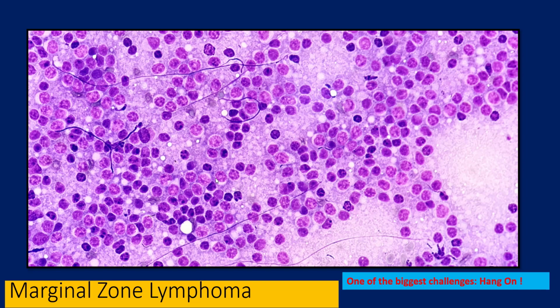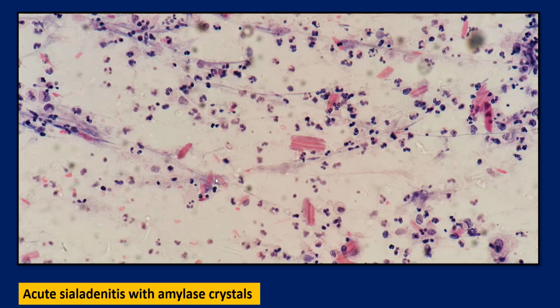So you are not really seeing what you expect to see in a reactive lymph node. You have a gut feeling there is something happening here, and I really can't put my finger on it. This is a case of a marginal zone lymphoma, and it is a big challenge to deal with them. And I'm going to talk about these diagnostic problems just a little bit down the line. Right. So let's get over with the other lymphomas.